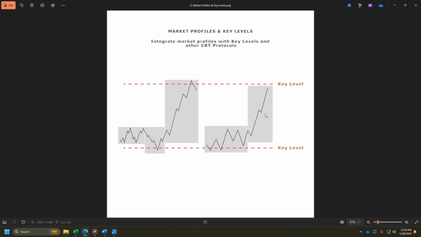There's still quite a bit to discuss in the future, but keeping it simple for now, we learned about market profiles. We'll soon discuss key levels, but I hope you take what we have been discussing into practice, looking at the charts and maybe trying to anticipate where things might go.